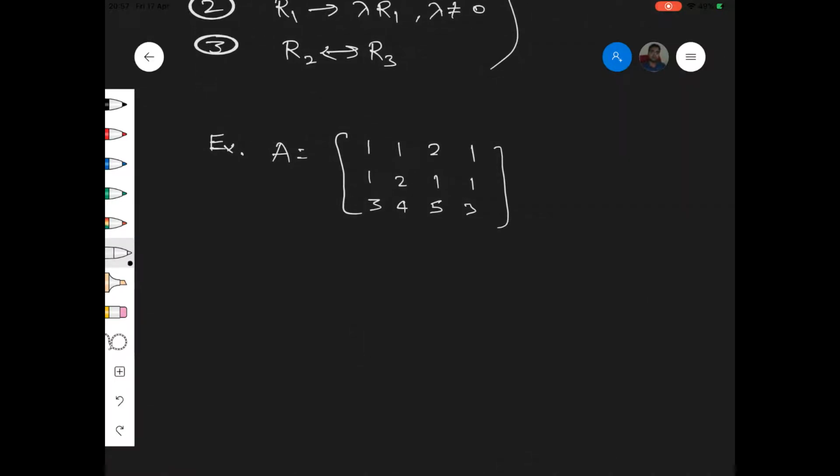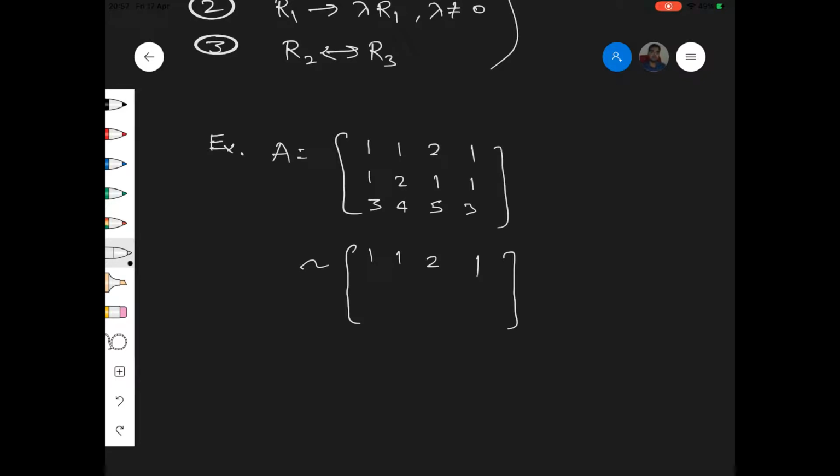Let's apply some operations on this matrix A. If we carefully observe this matrix, the third row is actually the sum of 2 times the first row and the second row.